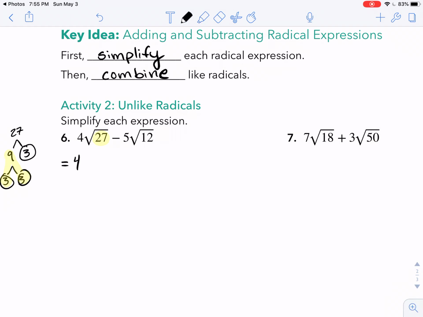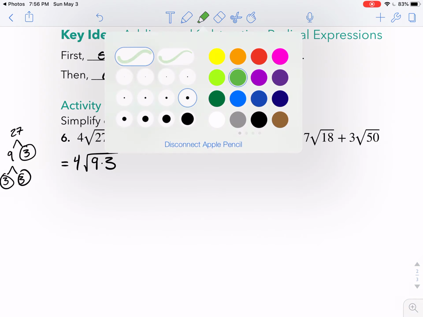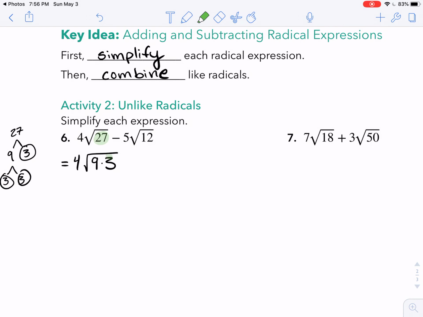So we've got 4 times the square root of, let's use 9 times 3, because 27 is 9 times 3. I know 27 is equal to 9 times 3. And I left 9 open because 9 is 3 squared.